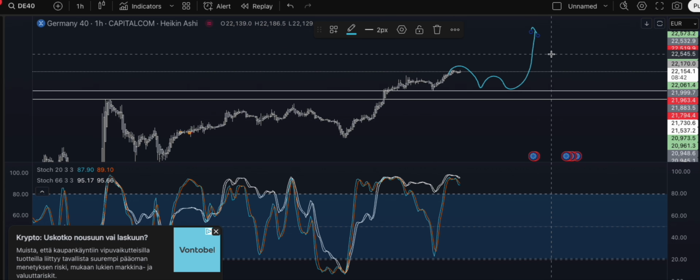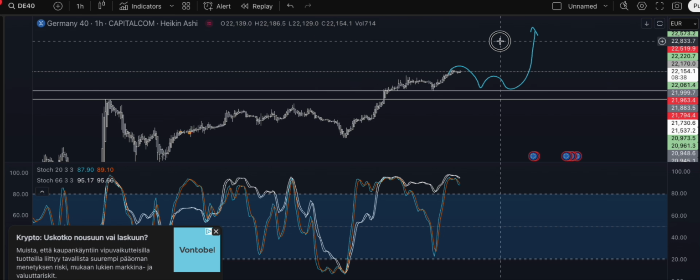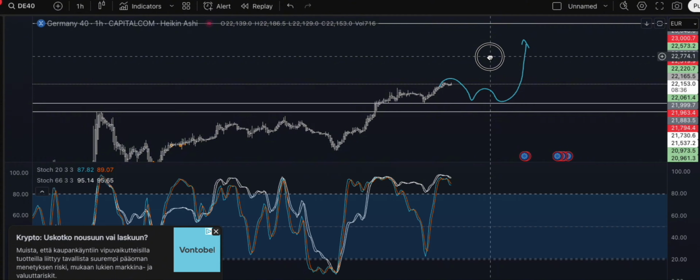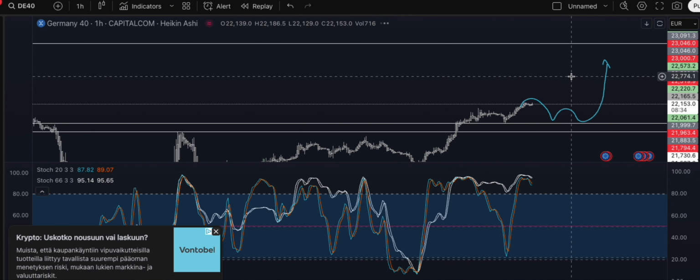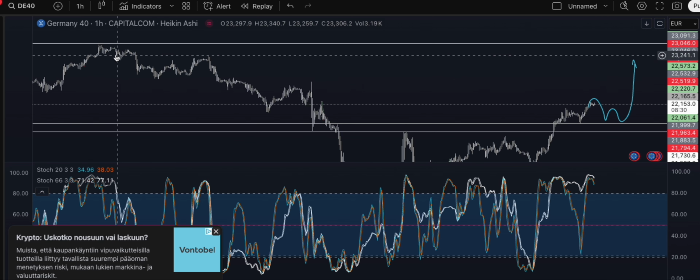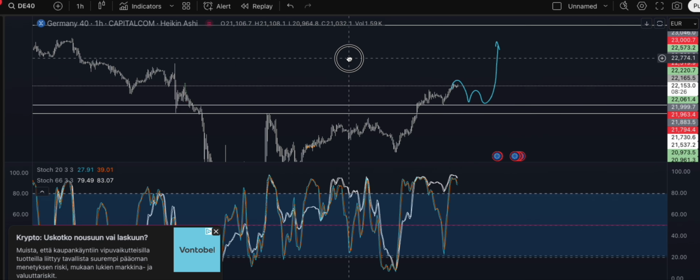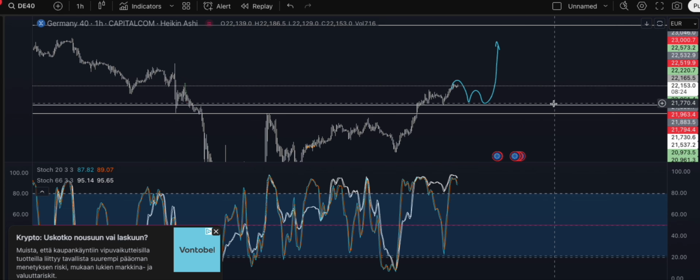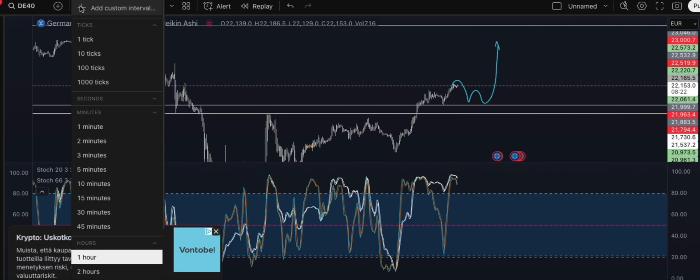But this totally depends obviously on the market sentiment and what's being published in the international scheme of things. But this will act as a major resistance when it gets there. But that's the outlook on the hour.